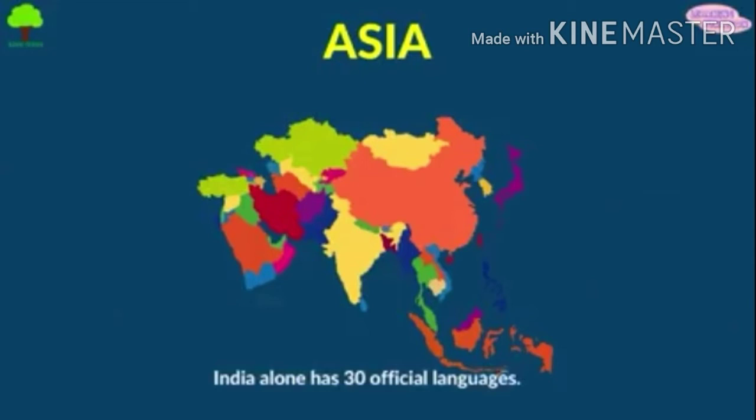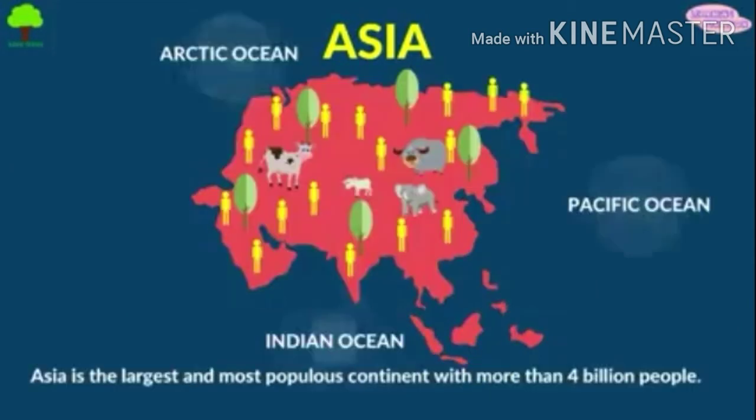The Pacific Ocean lies to the east of Asia. In total, 3 oceans surround Asia. What are they? Arctic, Indian, Pacific. How many percent of land area is Asia? 30%. Which is the largest continent?